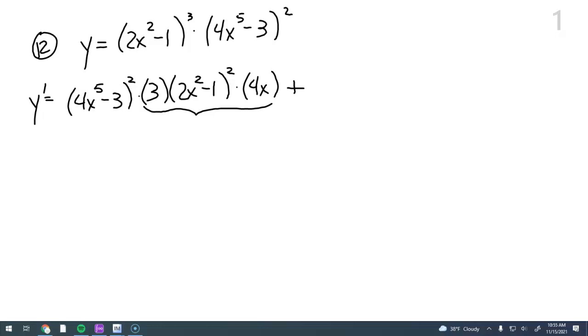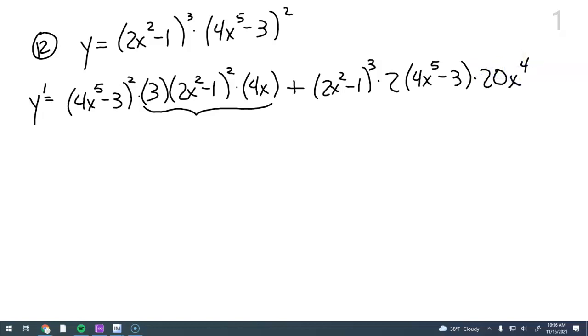I don't know if you're watching or doing it on your own or both. I don't have a ton of time to wait, because the clock's ticking. Just go. We're good. And then the first thing times the derivative of the second thing. So again, that's chain rule. By far the biggest mistake I see in these is you'll forget this 4x or this 20x to the 4, the chain rule part of the product rule.